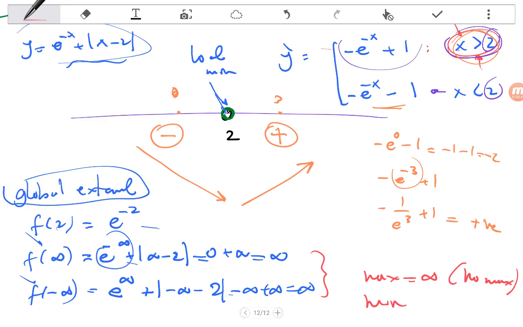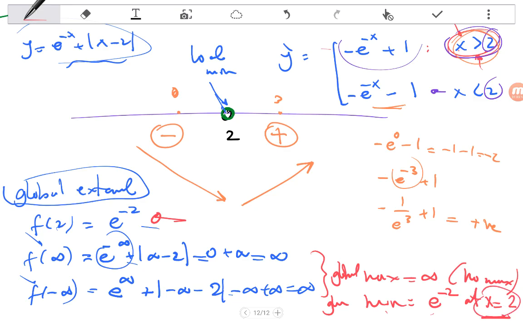What is the minimum of this function? The global minimum is just this value, e power minus 2. It occurs at x equal to 2.